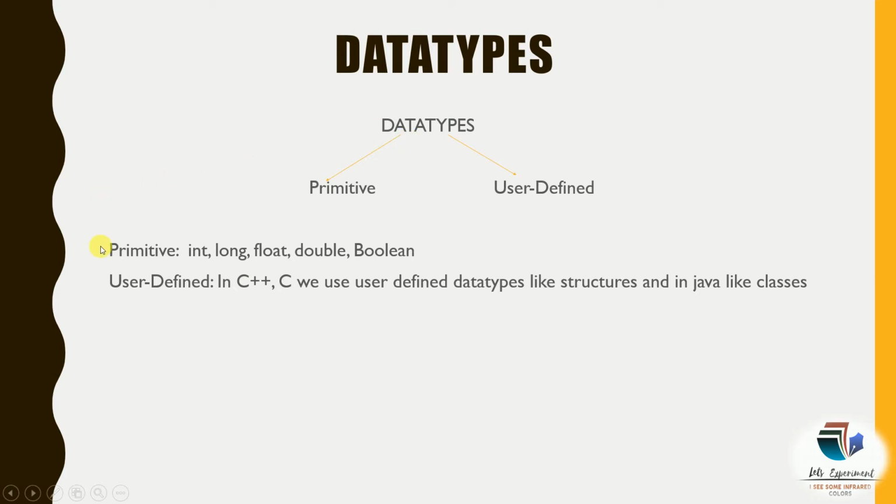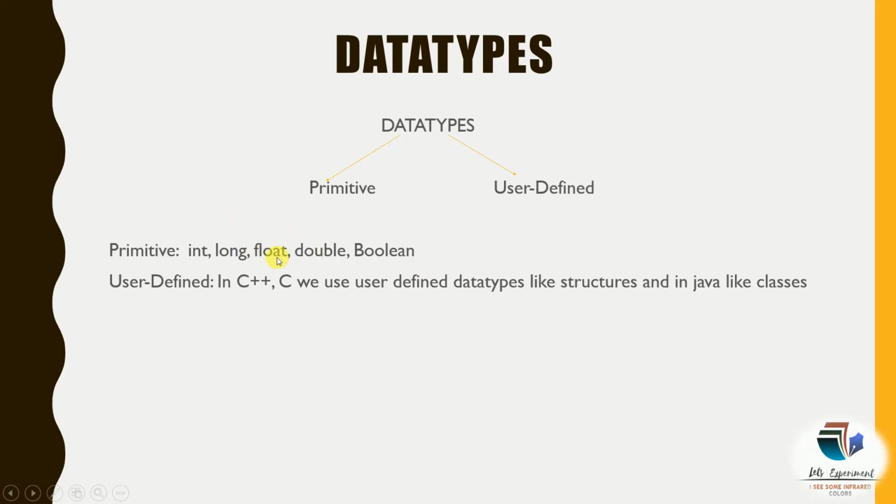So first, covering the primitive data types, these are already defined in the system. You don't need to define them. So first is integer and long. These store simple numbers like 1, 2, 3, 4, 5, 6, and so on, 0, minus 1, minus 2, and so on. Integer and long store these values, and long has a bit more range than integer.